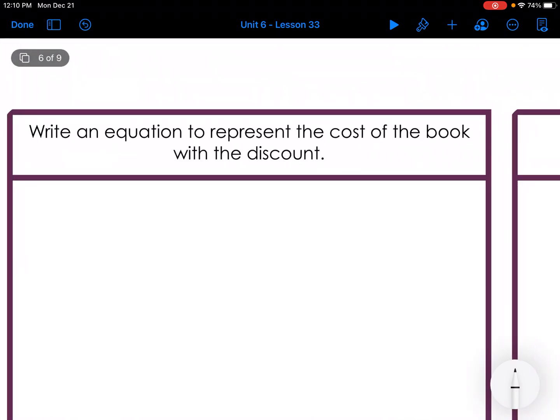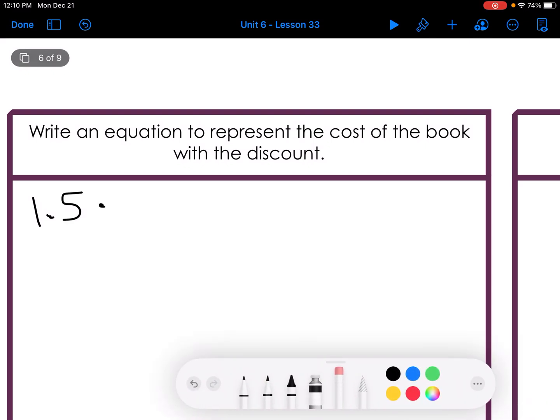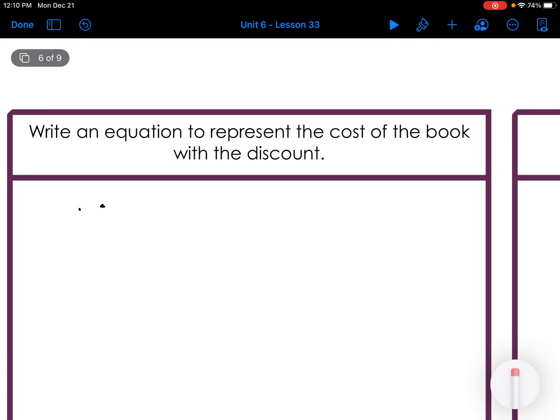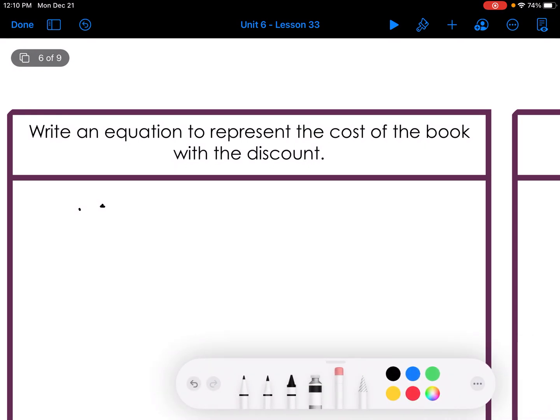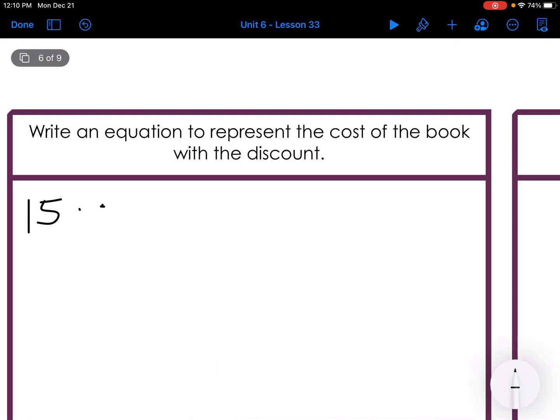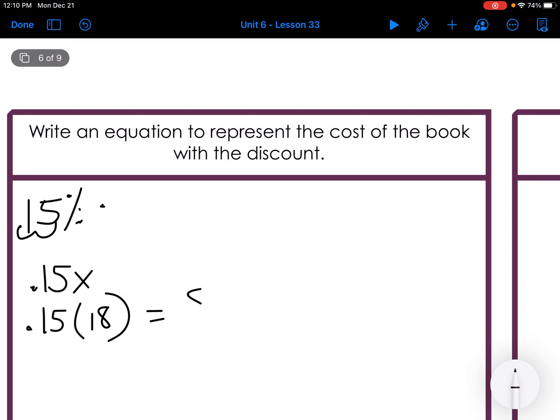So a 15% discount, that's 0.15x. So that would be 0.15 times 18. So in my calculator, I'm going to do 0.15 times 18. $2.70.